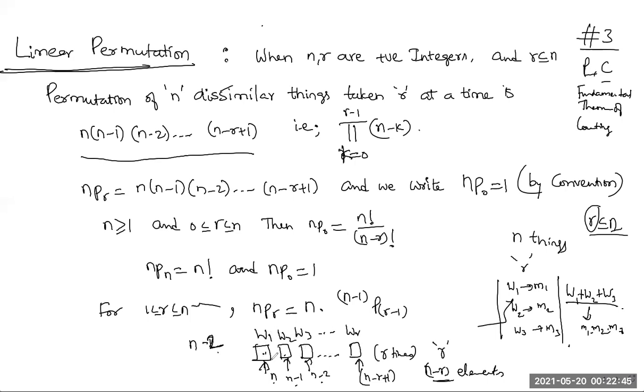And we are doing all this one after the other. So we are doing work 1 first, after that work 2, after that work 3, and so on. So the answer will be n into n minus 1 into n minus 2, and so on, n minus r plus 1. So I hope you understand how this expression comes out. And as it is a multiplication of elements, it can be written as the product from k equal to 0 to k equal to r minus 1 of n minus k.